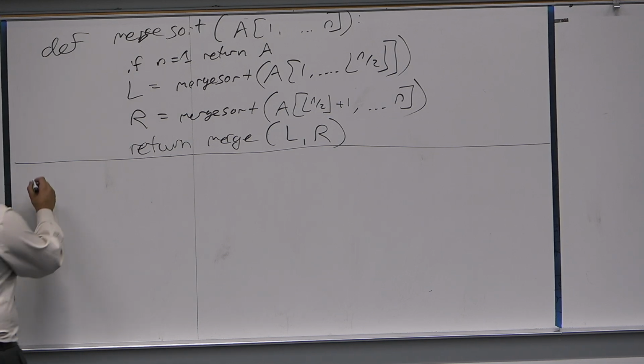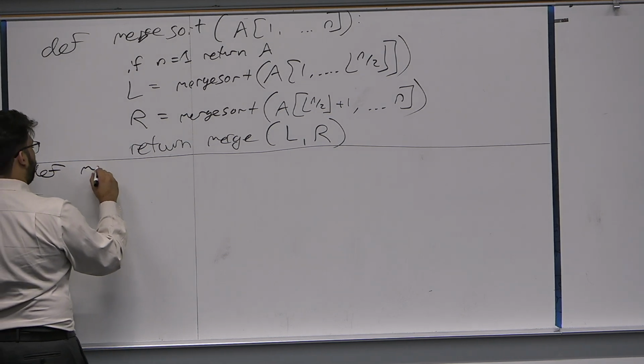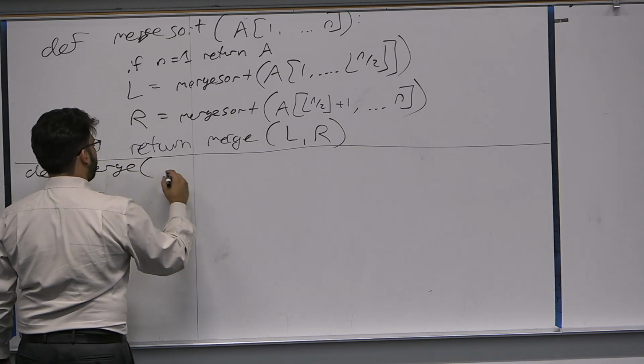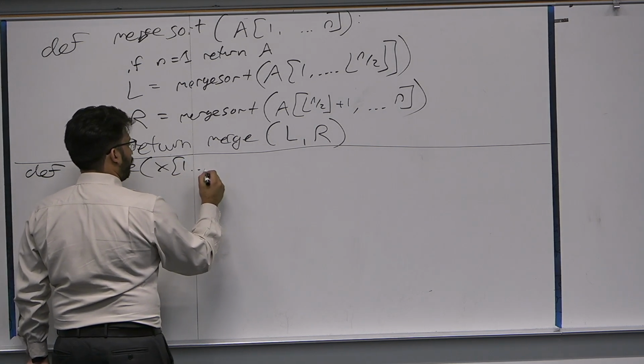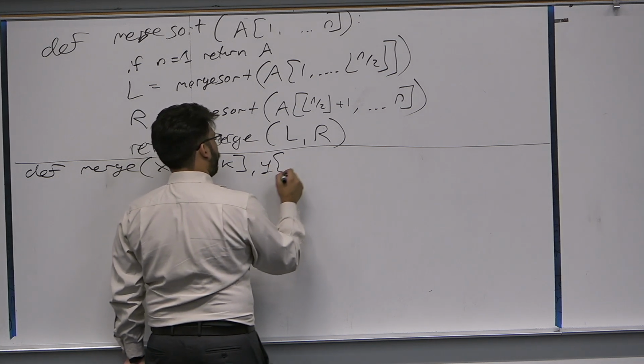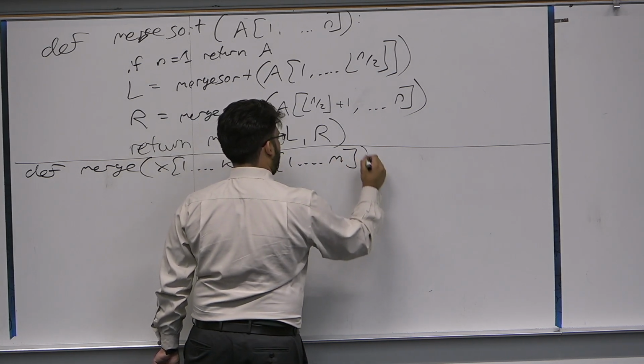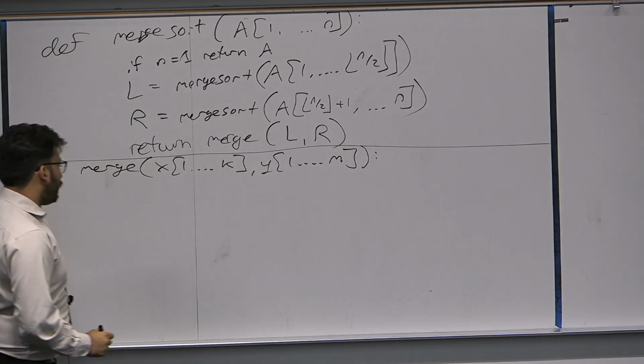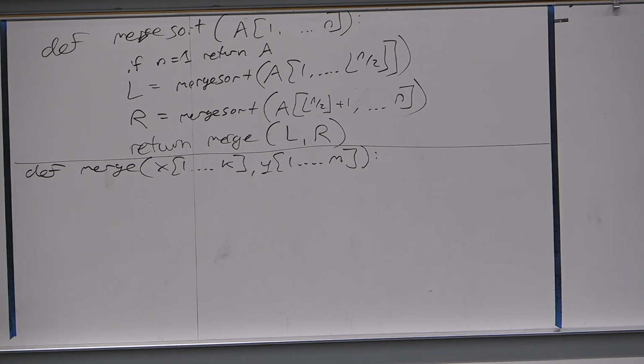So let's define merge as taking as input two arrays. Let's call them x, x1 to k, and y, let's say 1 to, I don't know, m. If we have two sorted arrays, what do we know about the merger of them?